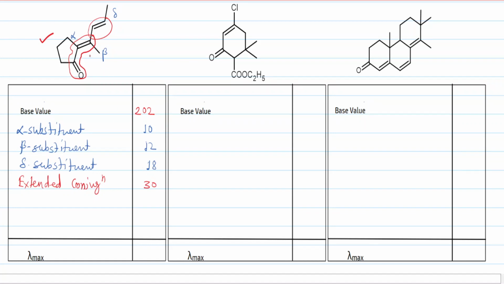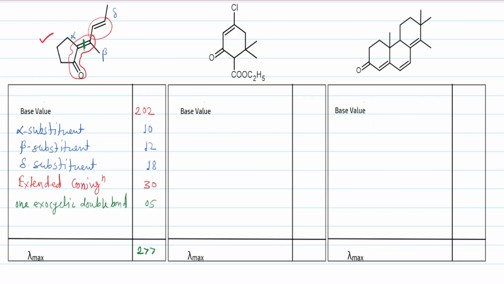And here, this bond I will mark with the green color. This bond is exocyclic to this ring. So there is a presence of one exocyclic double bond, and therefore we have to add 5 nanometer. So by adding all the values, we get the final answer, that is 277 nanometer.